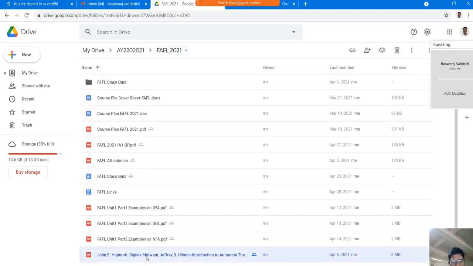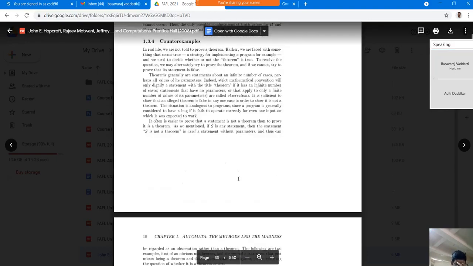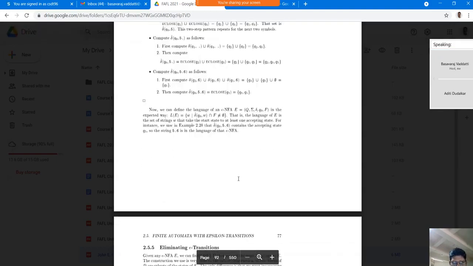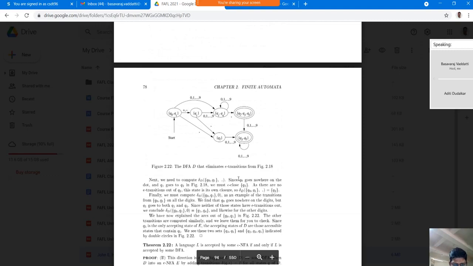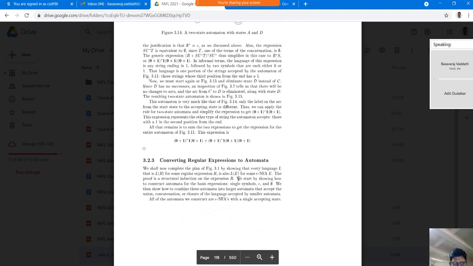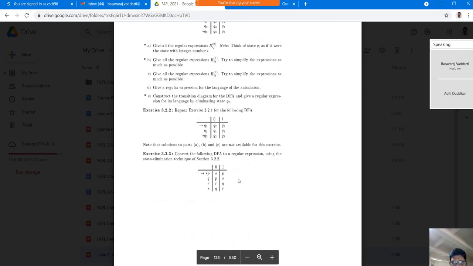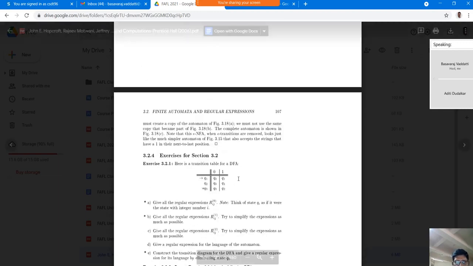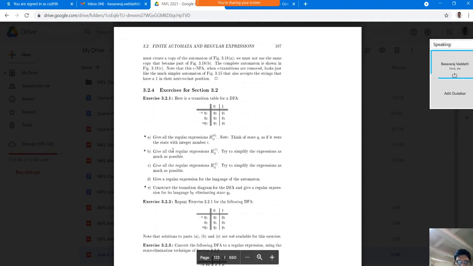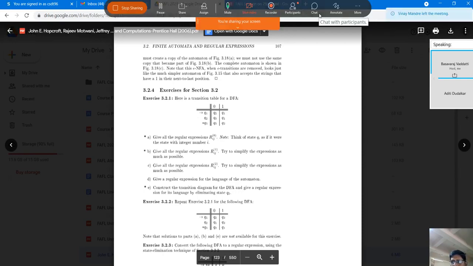As we were discussing earlier, this problem. Let me know the regular expression for this DFA. If anybody has written it, share it in the chat window.